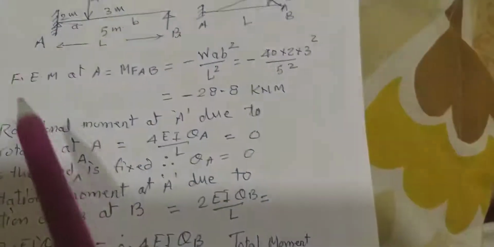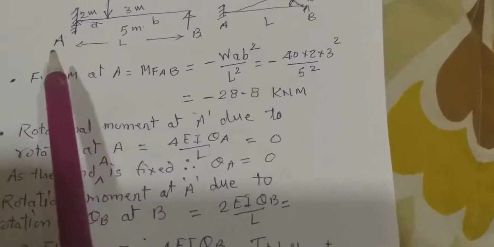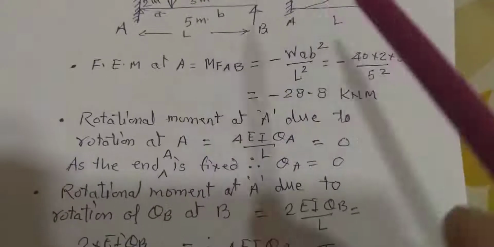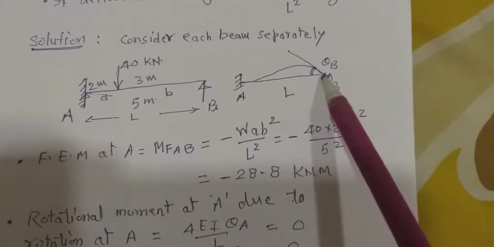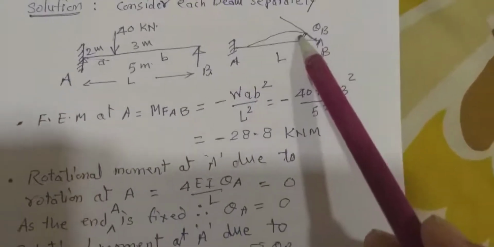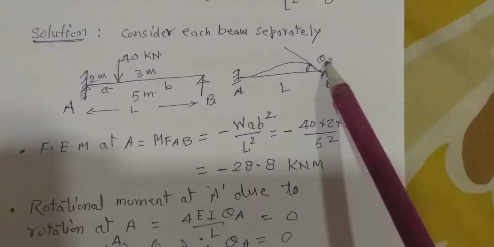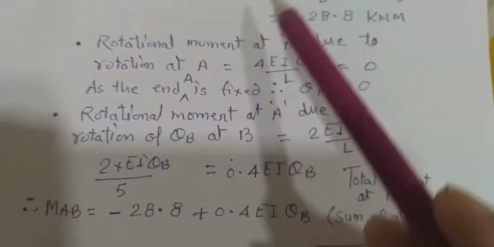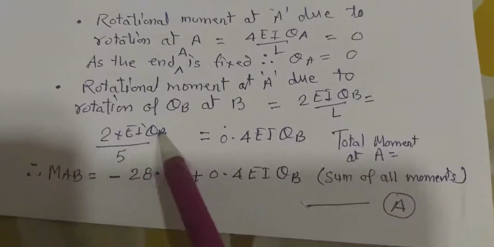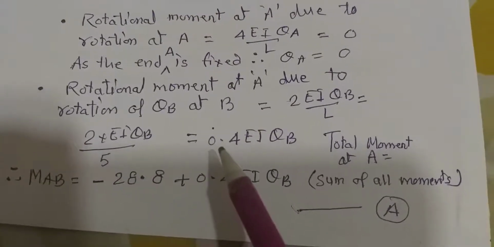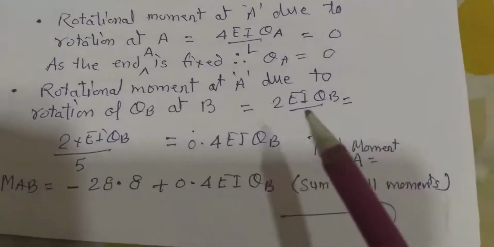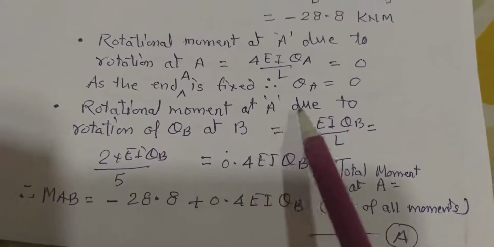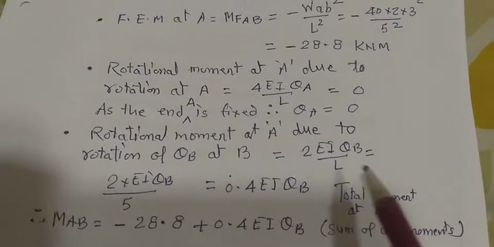Now, because support A is fixed, there is no rotation theta A, so the moment because of theta A is neglected, but there is a rotation at B. The moment because of the rotation at B is 4 EI theta B by L, but half the moment will be transferred over to A, and it will be taken as 2 EI theta B by L, which is nothing but 0.4 EI theta B. We have already mentioned the rotation moment at A due to rotation theta B at B will be equal to this much.